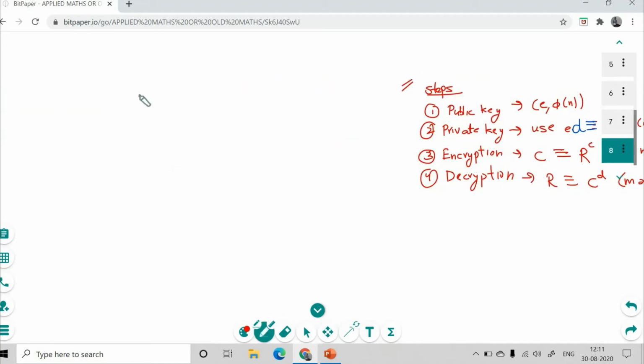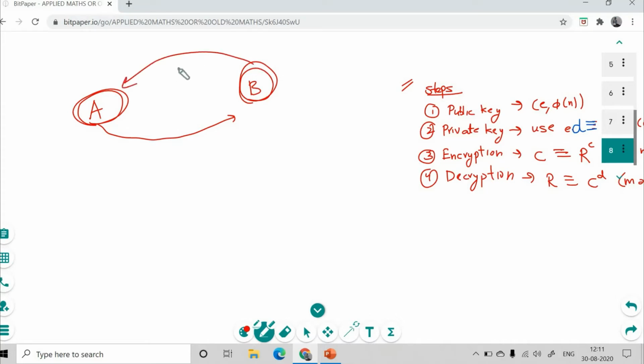Now how does RSA work? Let me explain this to you. Suppose there are two people, A and B. They want to communicate using RSA algorithm. So if A wants to communicate with B, he or she should know the place of B, right? There should be a particular address he should communicate to. So B has to provide an address to A. That address is called public key.